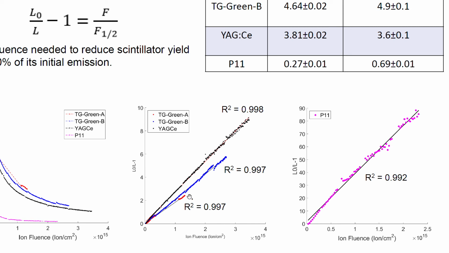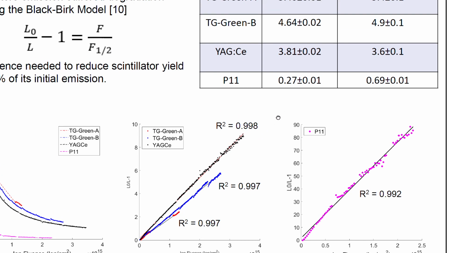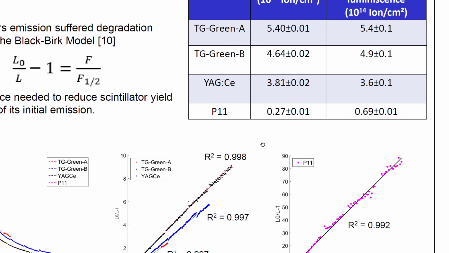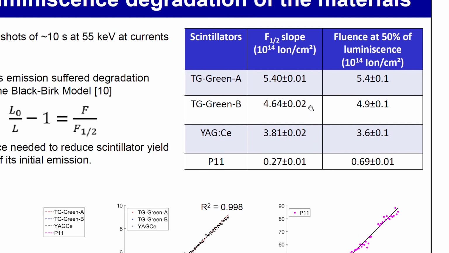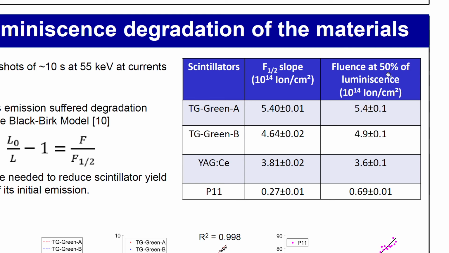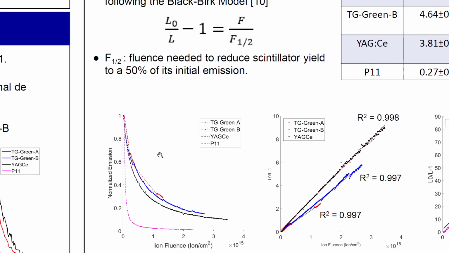As we can see, the slope is the inverse of this number that we have discussed earlier, and we find that this number obtained from the slope of the linear fit is very similar to the fluence at which we have irradiated the scintillators when the luminescence is at 50% of the initial luminescence, in this figure.